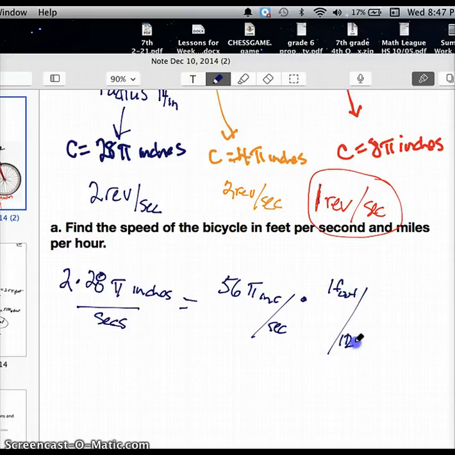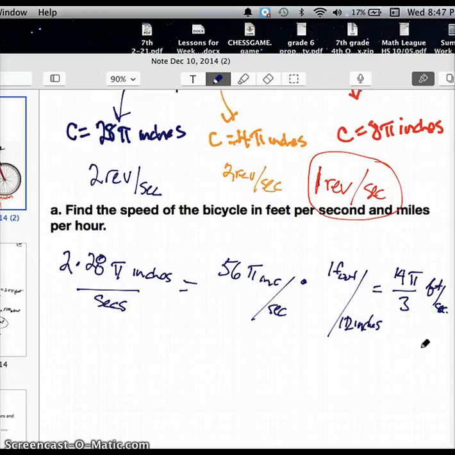You would probably just tell me to divide by 12, and you're right. When I divide 56 by 12, 12 doesn't go in evenly, but I can divide both by 4, and then I get 14 pi over 3 feet per second, and you'll see that in the back of the text.